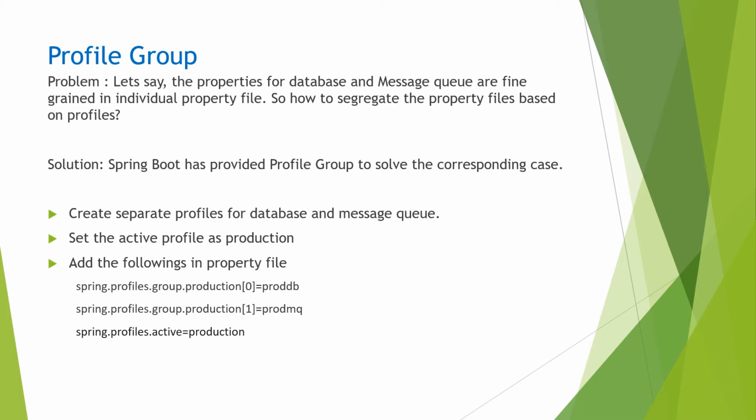In this slide I am displaying spring.profiles.active=production. This is the active profile which we are setting in our configuration file. Based on this value, production, Spring Boot will pick up the corresponding property file. Now how will we pick up the fine-grained property files?